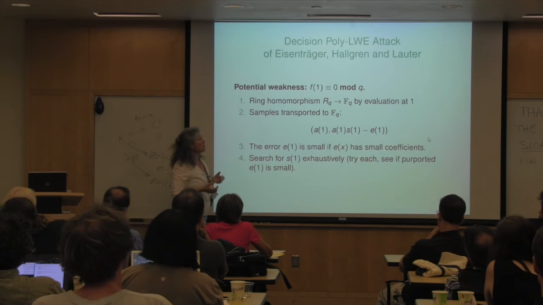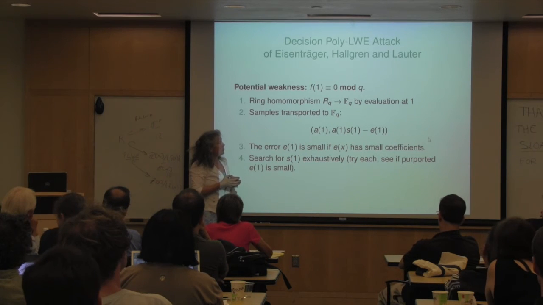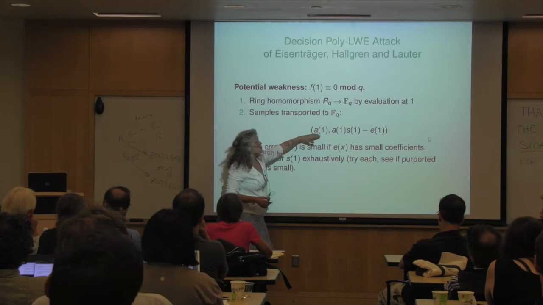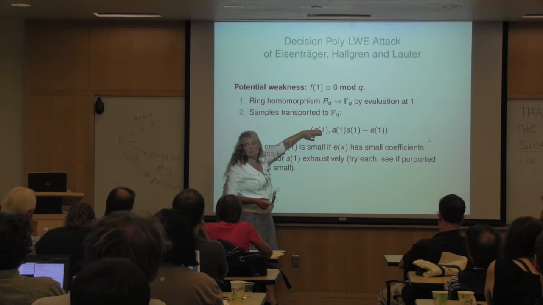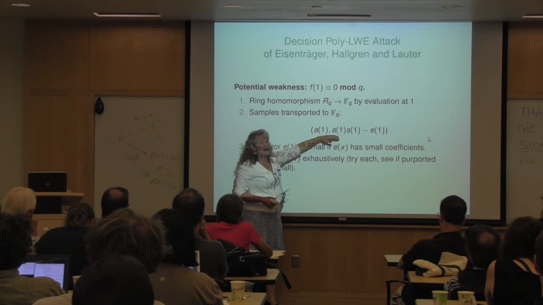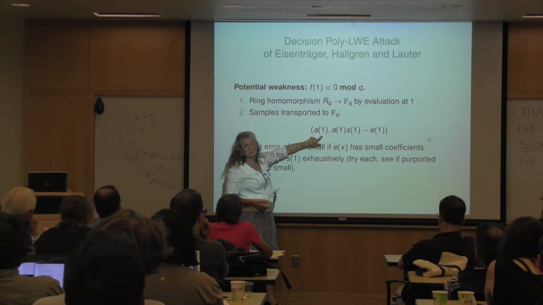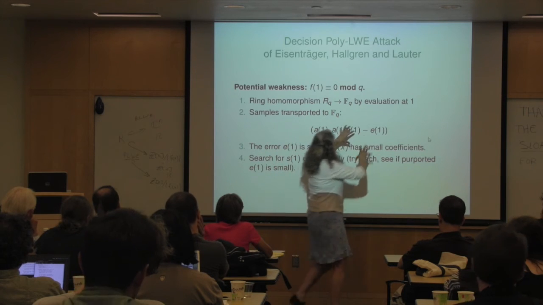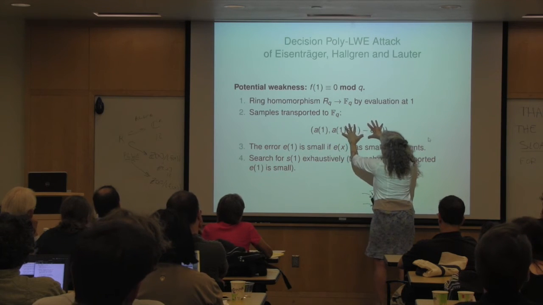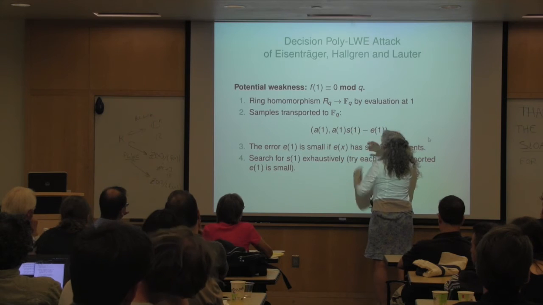If that happens, you can take your samples of this form and evaluate them at 1. You're given a polynomial a of x, which you evaluate at 1. You're given this other polynomial b of x, which you can evaluate at 1, b of 1.